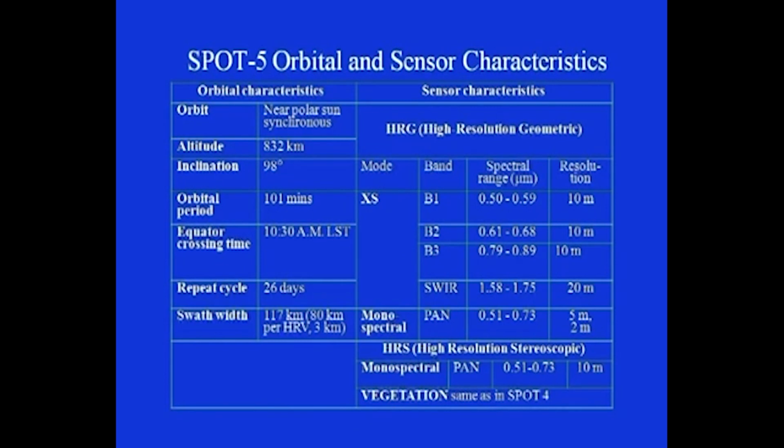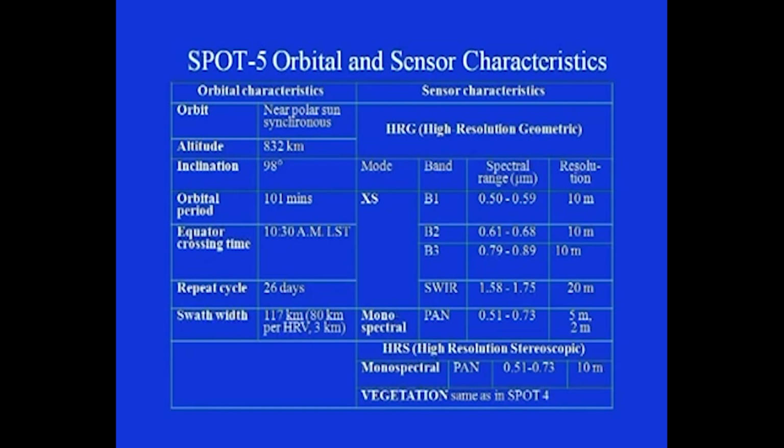SPOT 5 satellite again had the same orbital characteristics, but it had different sensors now. These were much better than the previous sensors available to us, and thus this was known as HRG, or high resolution geometric sensor. It could again operate in 2 modes, that is multispectral and panchromatic.